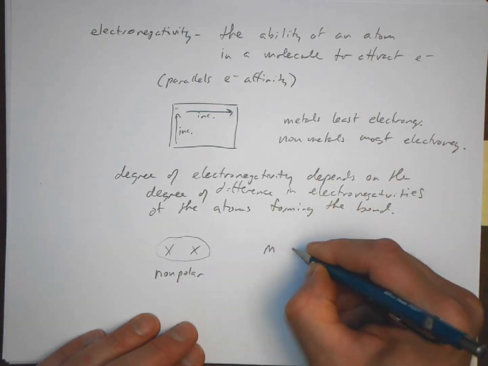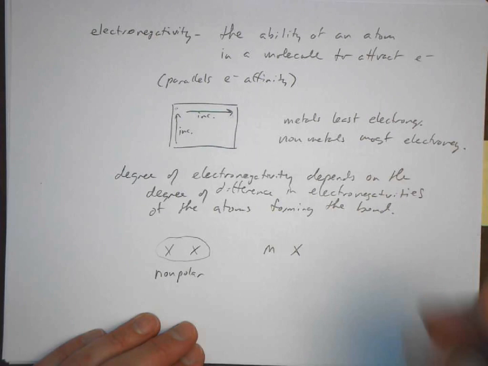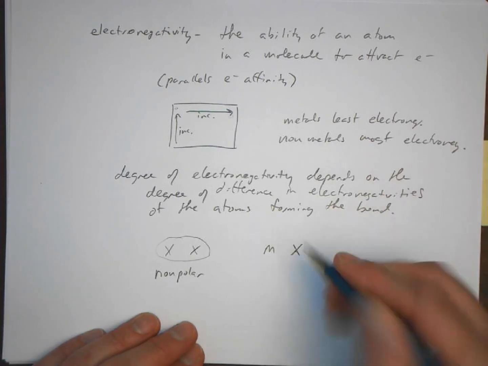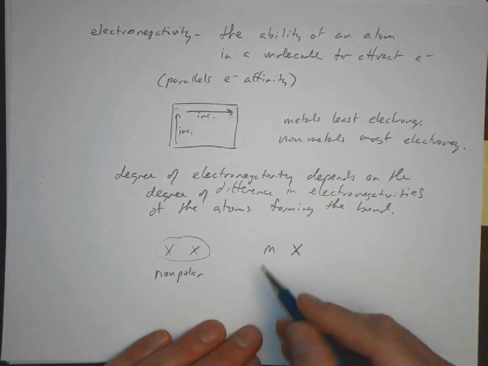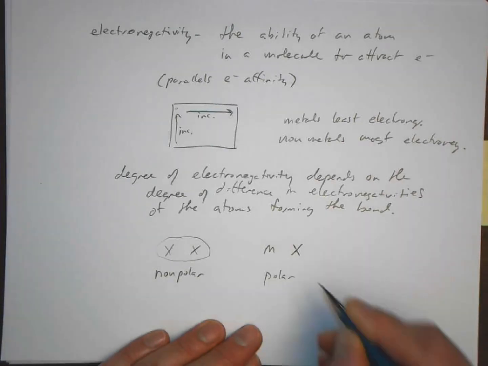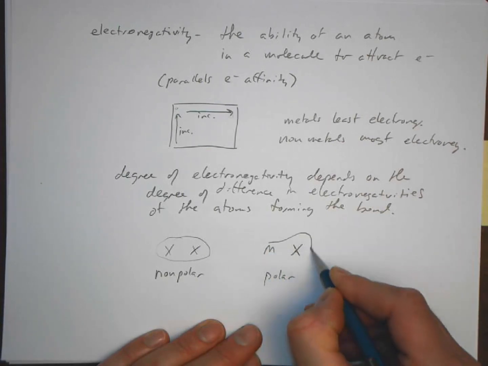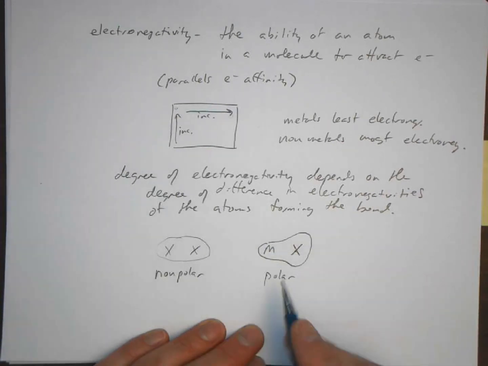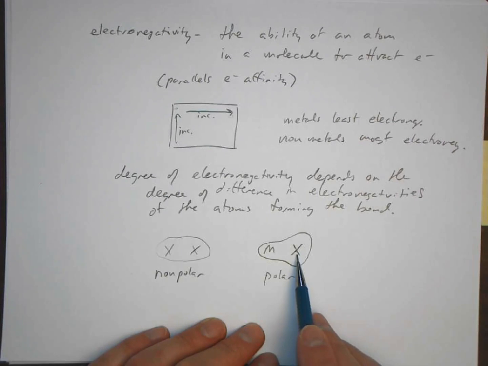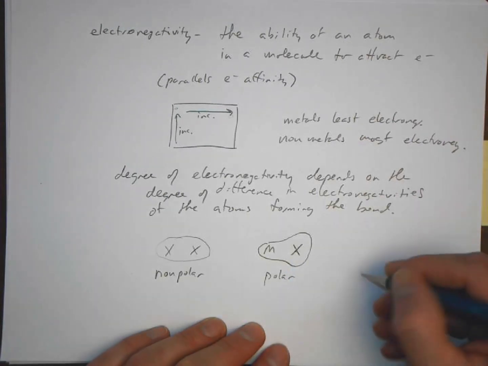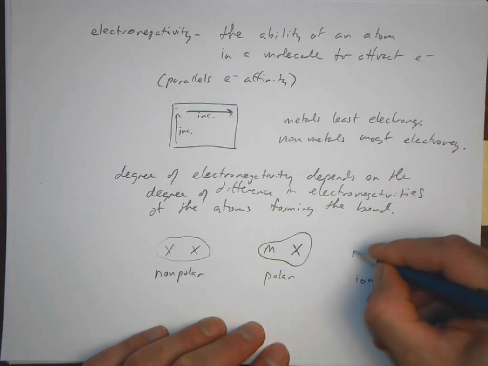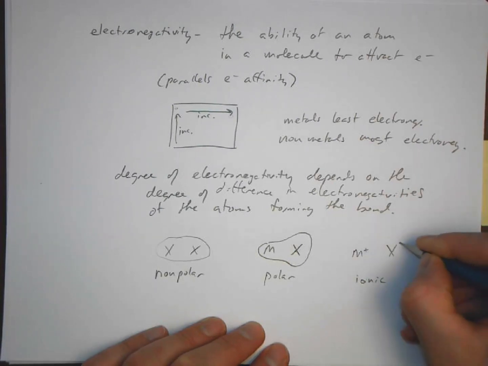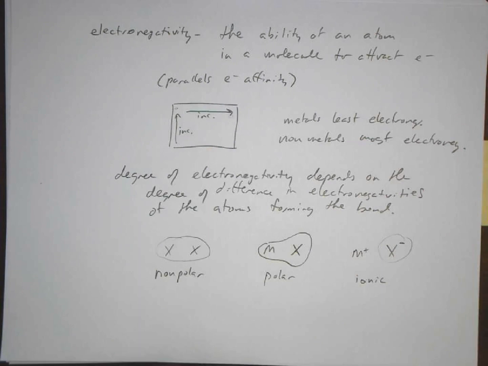We could have, where M is a metal and X is some nonmetal, a polar bond where we have a greater amount of electrons around the more electronegative atom. We could have, on the other extreme, a complete transfer of electrons, which we would think of as an ionic bond.